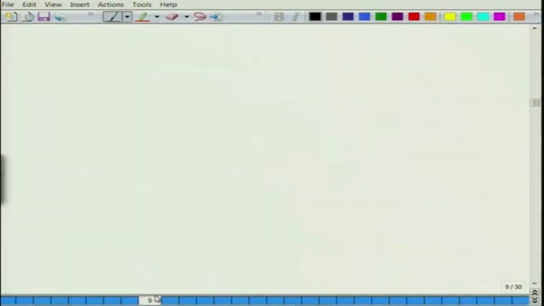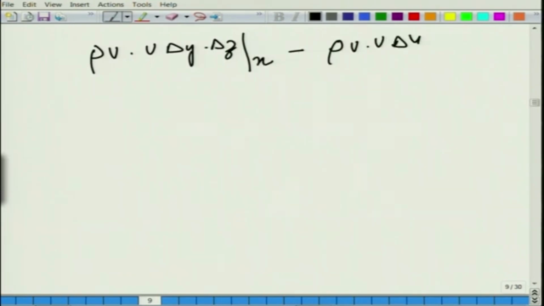So, what it would mean is that your rho u times u into delta y into delta z at x, minus rho u times u into delta y into delta z at x plus delta x. So, this is, like I said, the force carried by the momentum influx and the force acting in the opposite direction due to the momentum outflux.